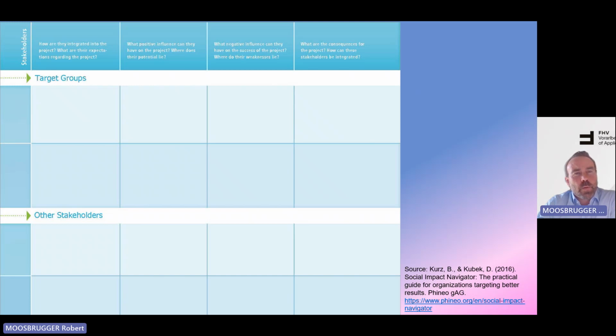You look into their influence on the project and their attitude to the project. Maybe some of them can have a negative influence on your project also, so you look into what positive and negative influence they could have. And you look at how you can integrate your stakeholders adequately in your project. You gather this information systematically in such a table, and this will give you a very good overview of the people you are working with.